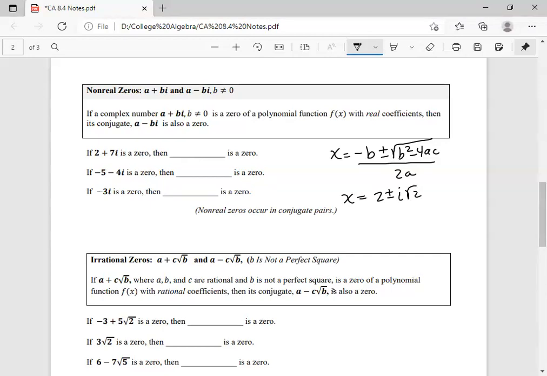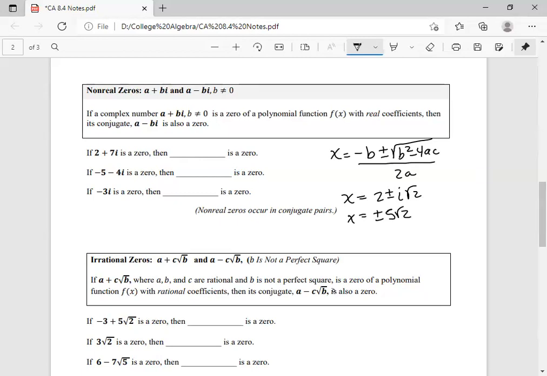And we would know it had 2 answers because there was a plus or minus. Sometimes we might come up with, this is just example answers, plus or minus 5 square root of 2 because we had a 0 in the front. The -b ended up being a 0 and canceling out.